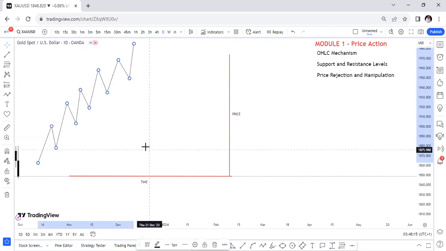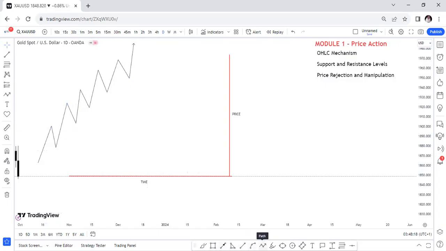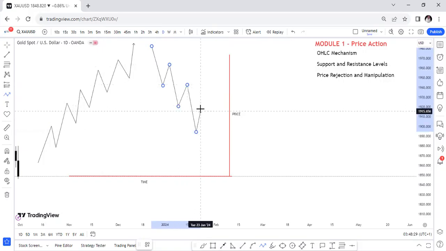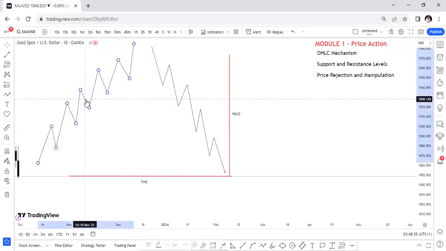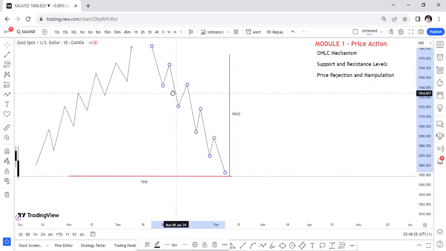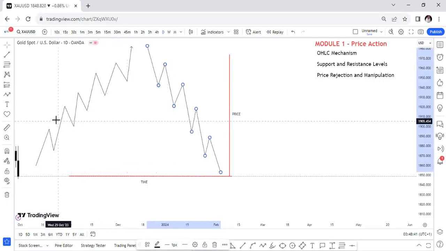For sellers, it means the falling of market prices along the chart. So this is buying, and this is selling. Selling is price falling below the demand level, while buying is rising above the supply level.